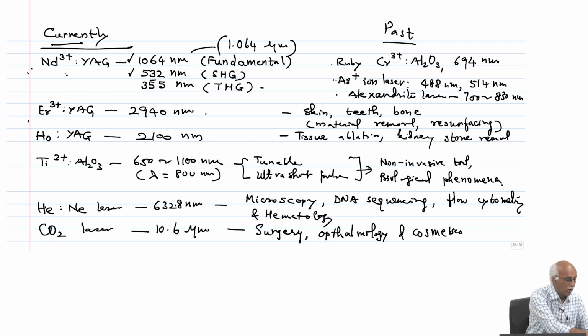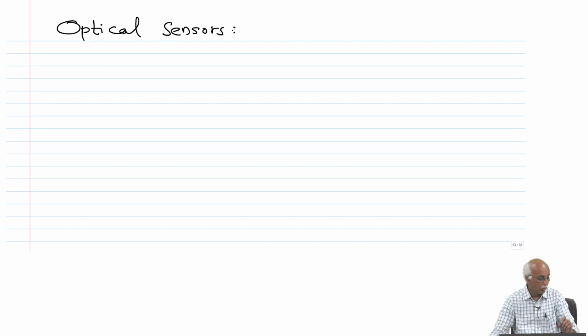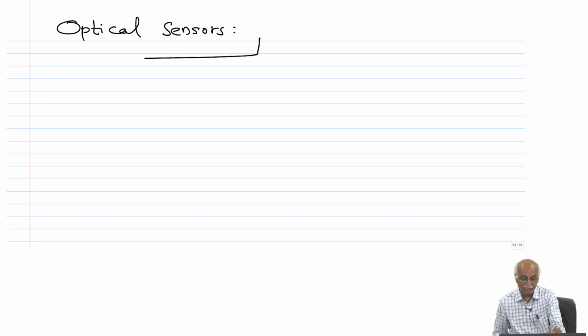Yesterday onwards we also started talking about various types of optical sensors which are useful for biophotonics applications in general. Optical sensors are of different types.